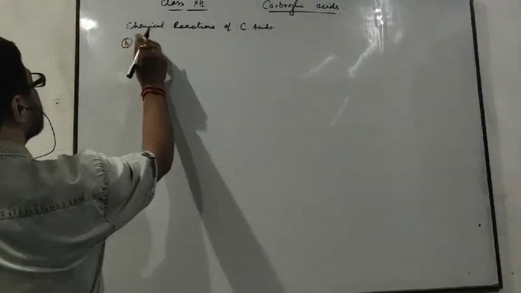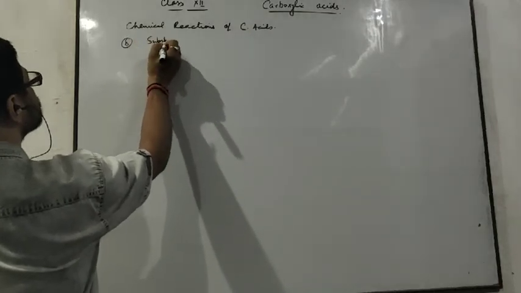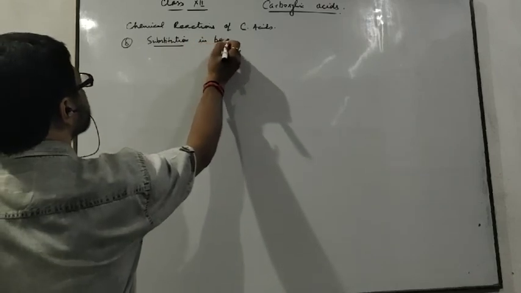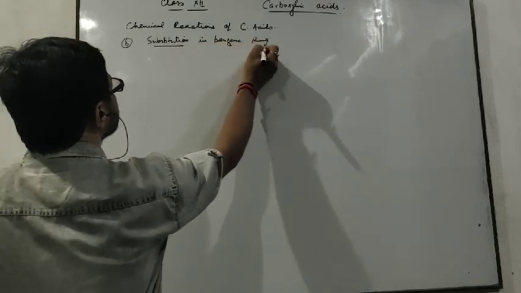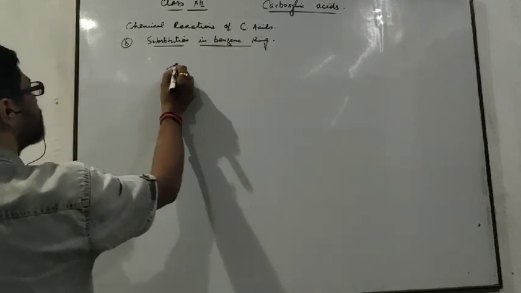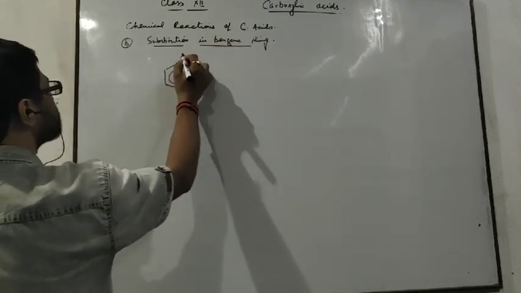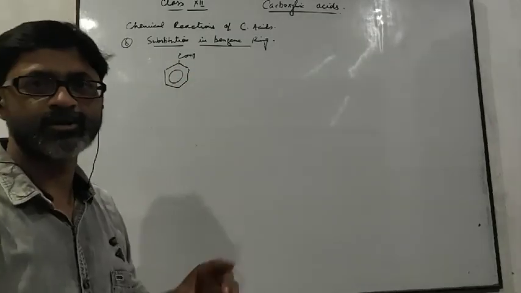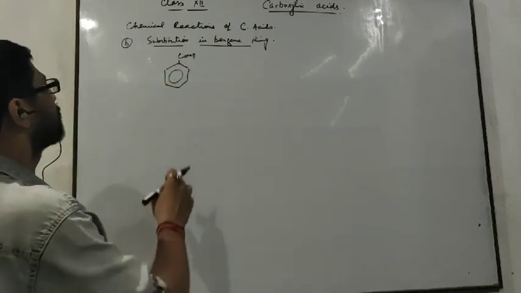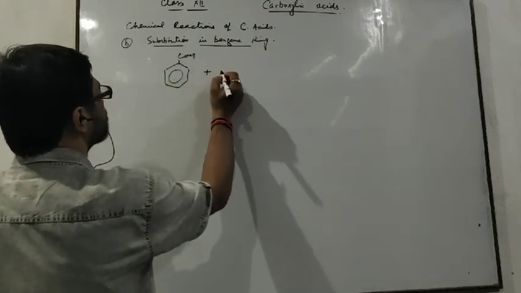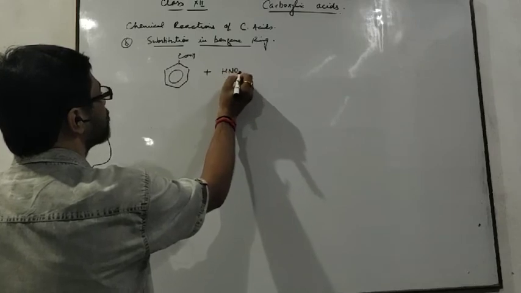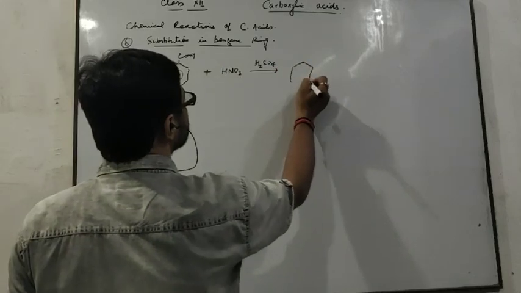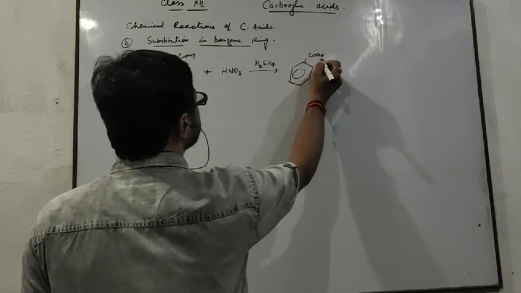Substitution reactions. Substitution in benzene ring. See here, this one is benzoic acid, and this benzoic acid is a meta substituted product. The functional group gives meta substituted product on nitration in presence of H2SO4 on reaction with nitric acid. It forms meta-nitrobenzoic acid.